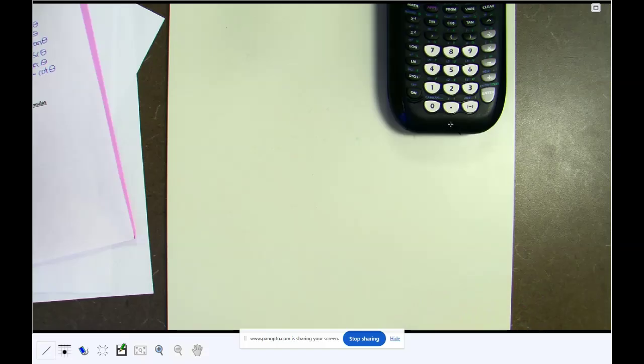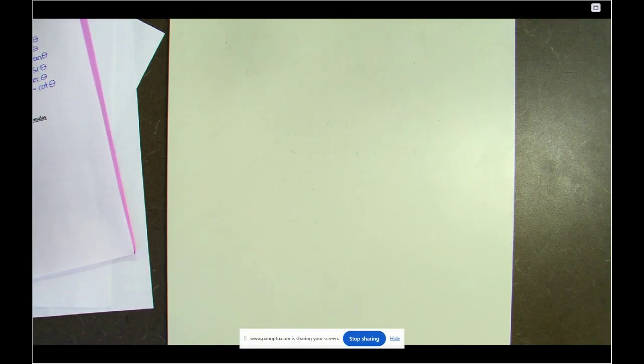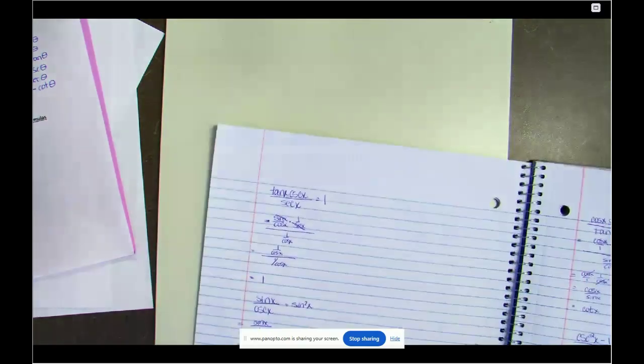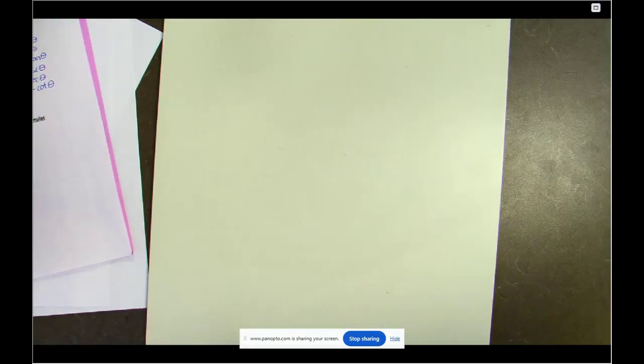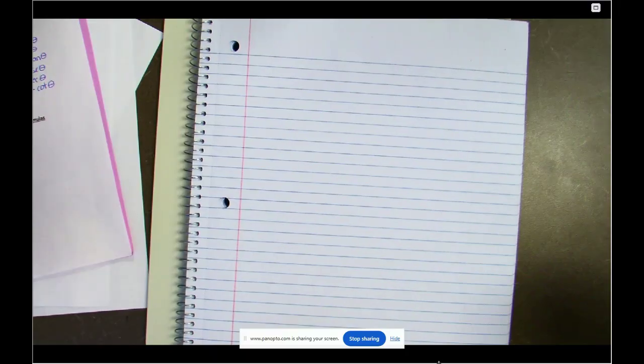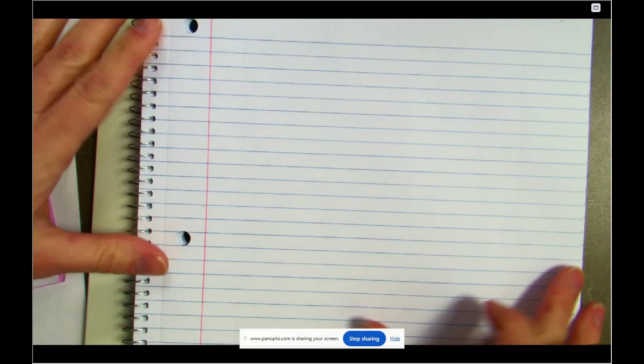Okay. So, we are talking about today, how do you find the exact value of trig functions of any angle that's not on the circle? Okay. This is pretty easy.